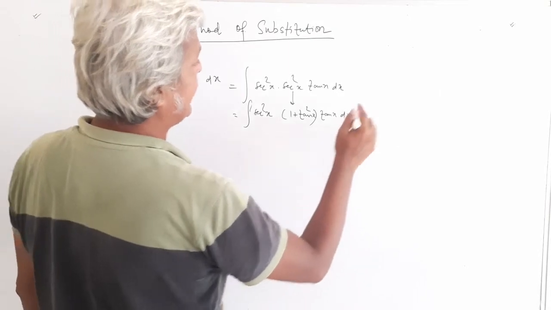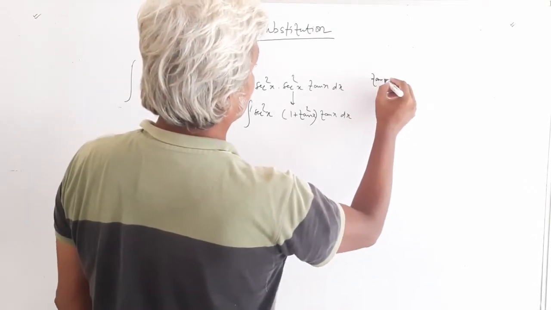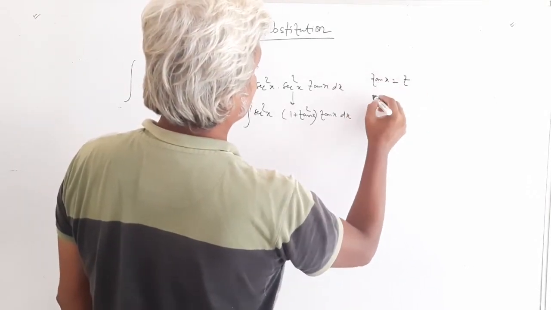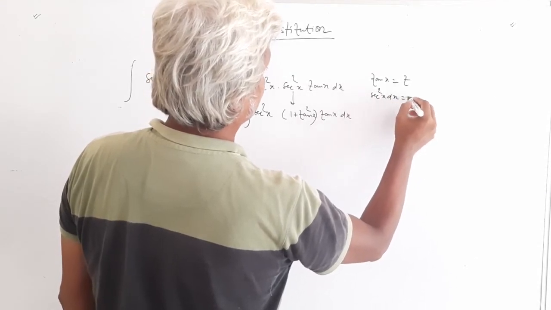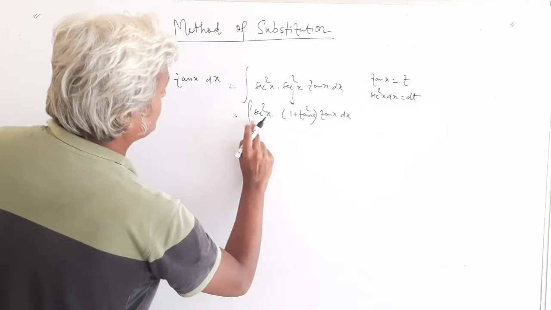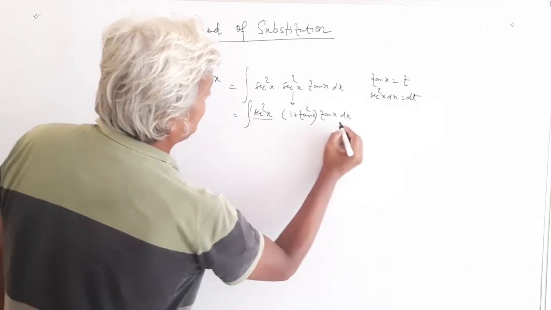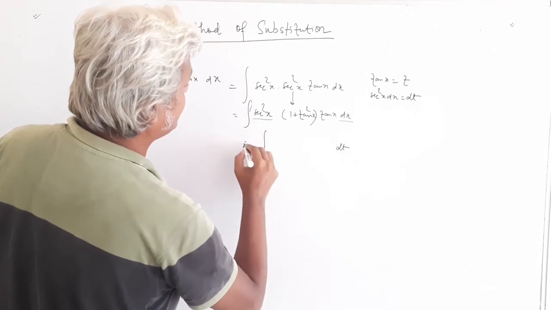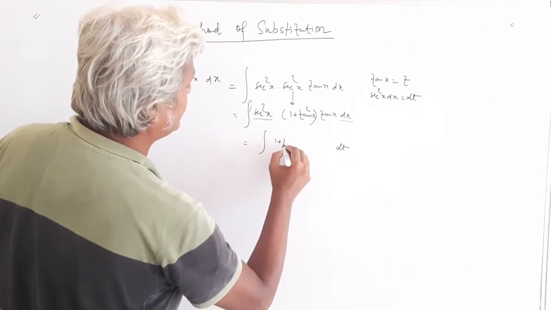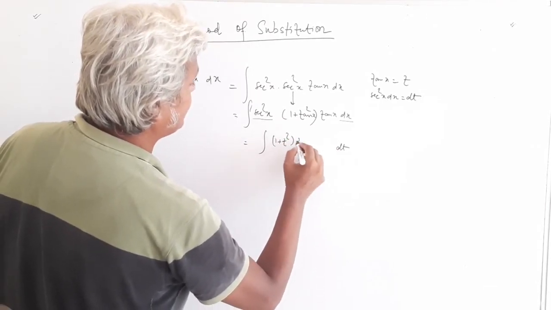Now if you take tan x as t, then you'll get sec square x dx equal to dt. So this sec square x and this dx together will become dt, and then you will have this 1 plus t square times t.